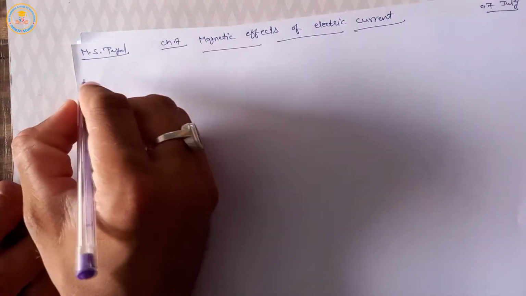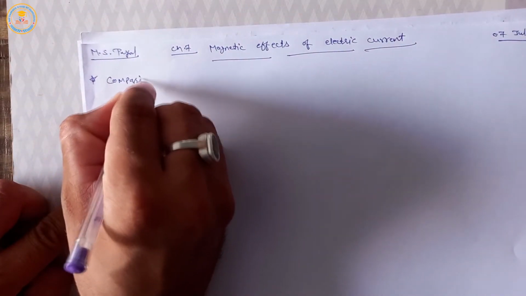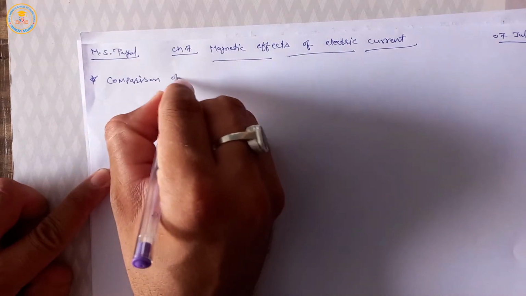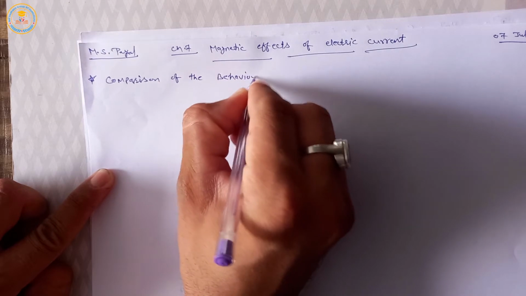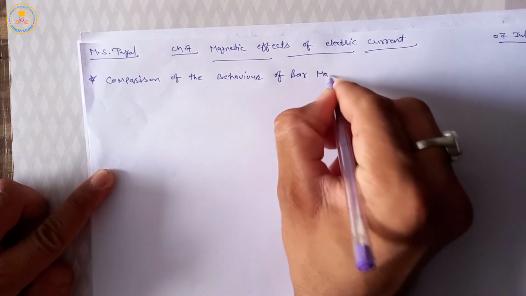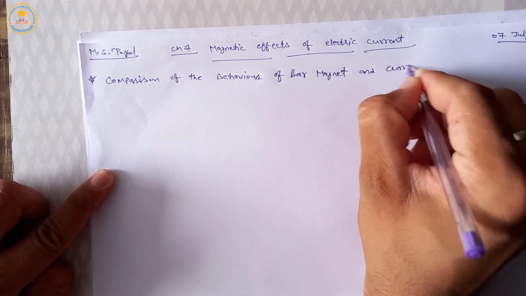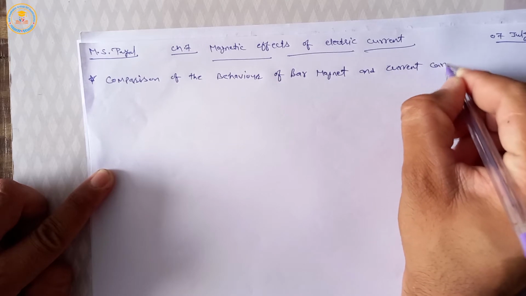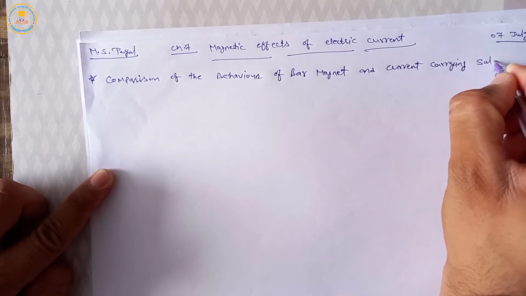So today's topic is comparison of the behavior of bar magnet and current carrying solenoid.